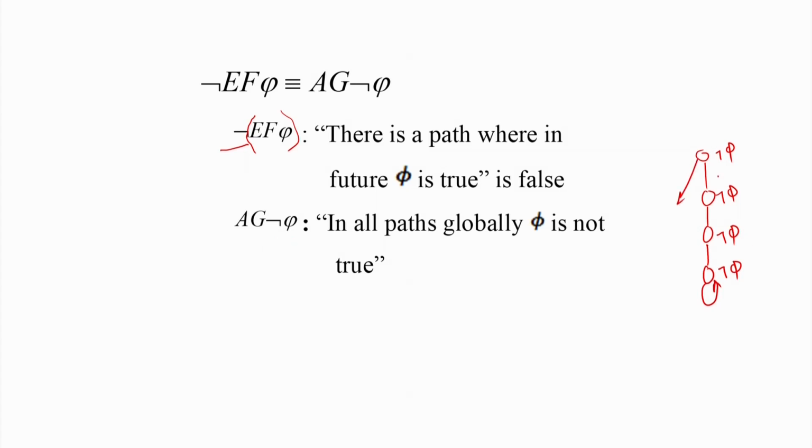Now, if the same scenario exists in all possible paths, then we can say that in A G globally not of phi is true. So, if this is the scenario, wherever you go, you are not going to get any path where in future phi will be true, because everywhere it is not of phi. So, this is also another equivalence that we have observed, not of E F phi is equivalent to A G not of phi.